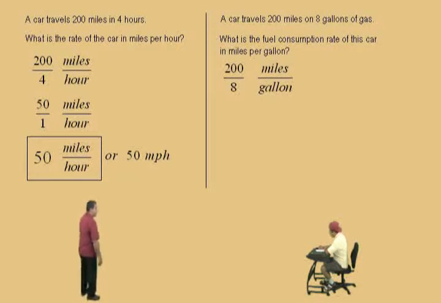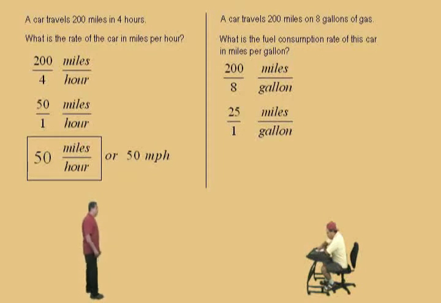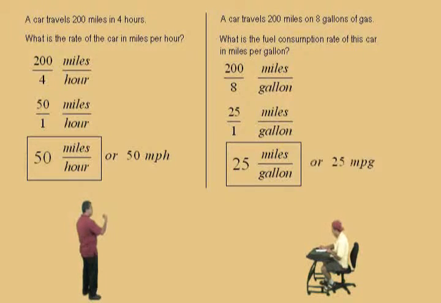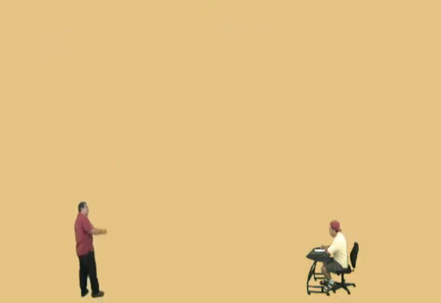And now we can reduce, divide top and the bottom by 8. 200 divided by 8, you can use your calculator, that's 25. And of course, 8 divided by 8 is 1. And so we get 25 miles per 1 gallon. So our answer is 25 miles per gallon, or we can use the abbreviation MPG, 25 miles per gallon. That means 25 miles per 1 gallon. So there you go. All right, Charlie, let's do another one.